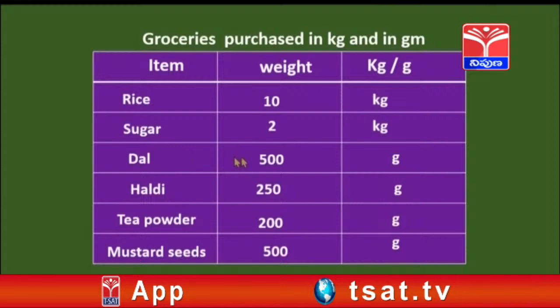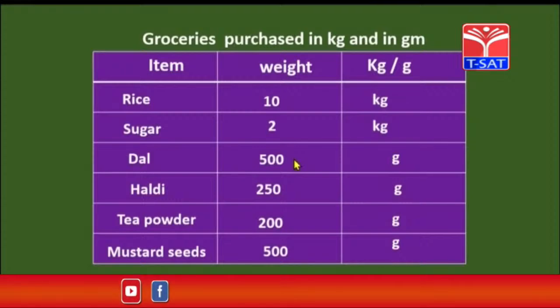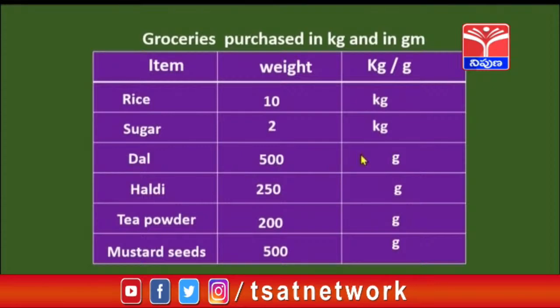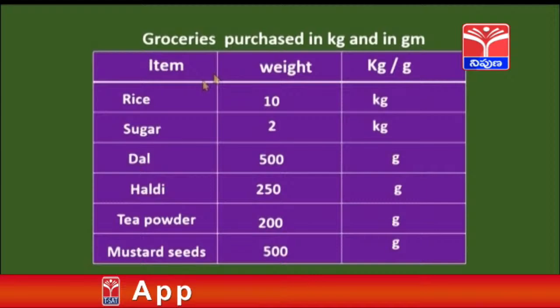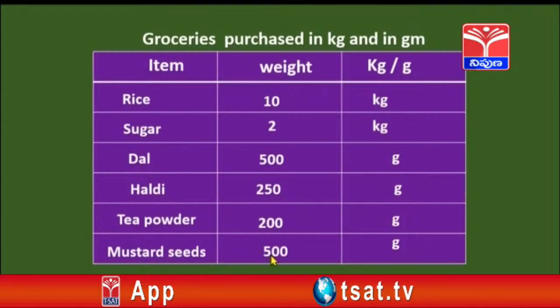And coming to dal, 500. Children, this 500 is grams only, because wholesale grocers buy 500 kilograms of dal, but we only buy 500 grams of dal. Haldi is 250 grams and mustard seeds are 500, that means 500 grams.